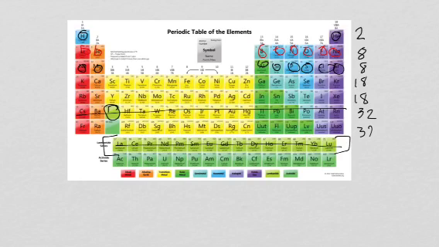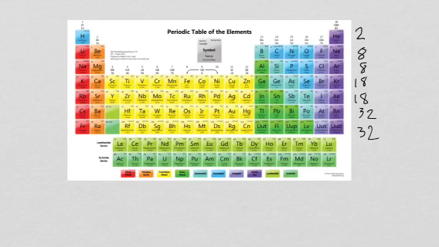So when we talk about how many electrons are available on each shell, if you forget this, 2, 8, 8, 18, 18, 32, 32, don't worry about it. Look at your periodic table. Just count how many elements are in each period, and that will tell you what the maximum number of electrons is in that shell. Does that make sense?